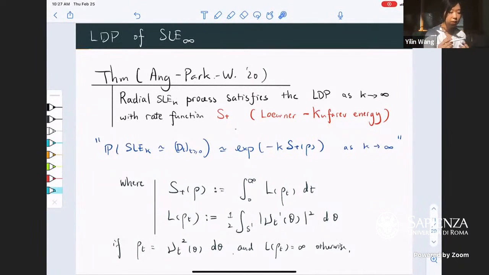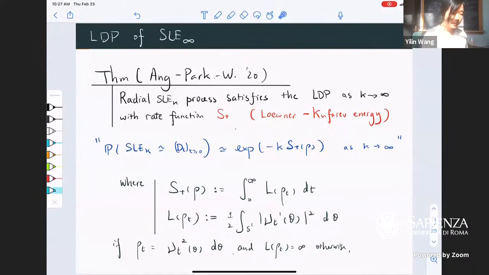But here, this large deviation is very different. It's completely changing the nature. If you shift your Brownian motion by a measure with finite Viklund-Kufarev energy, it's not anymore absolutely continuous with the original measure. So this is quite different from the kappa goes to 0 case.